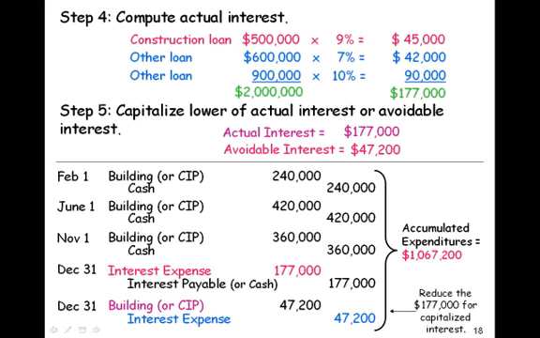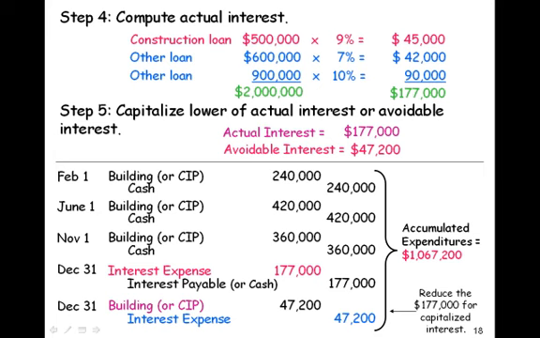The journal entries would be recorded as follows. The last 2 entries could be combined for a net of $129,800 debited to interest expense. Notice that the debits or the expenditures are to the account building.